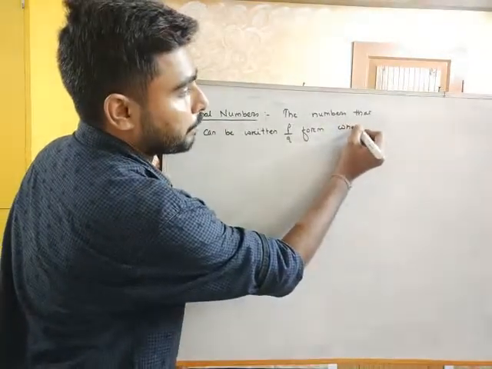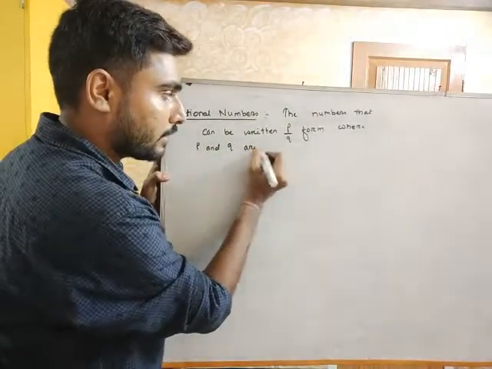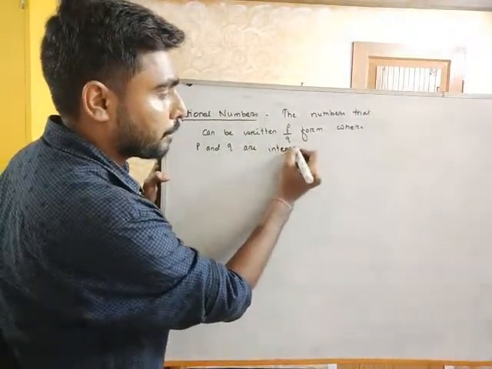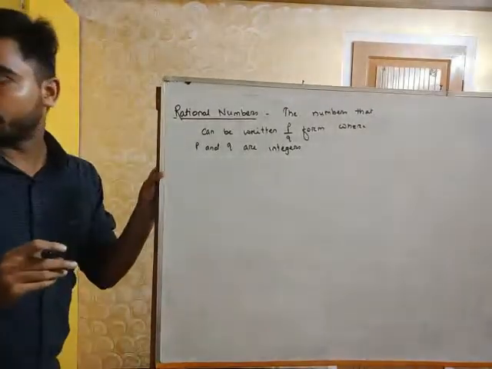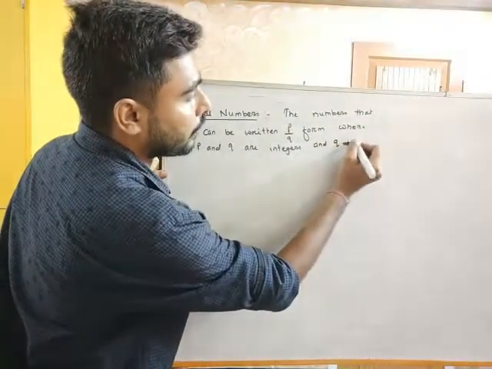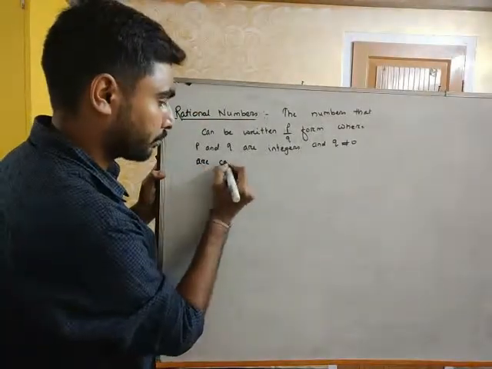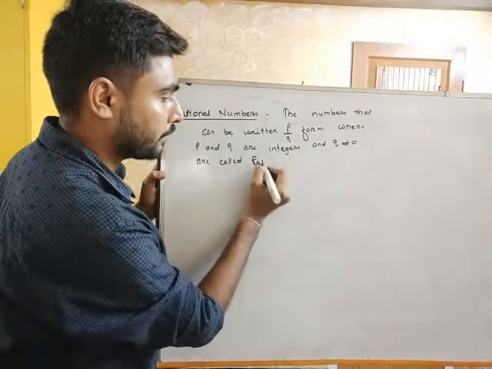Here P and Q are integers, so they can be positive, negative, or zero. Where P and Q are integers and Q is not equal to zero, the numbers are called rational numbers.